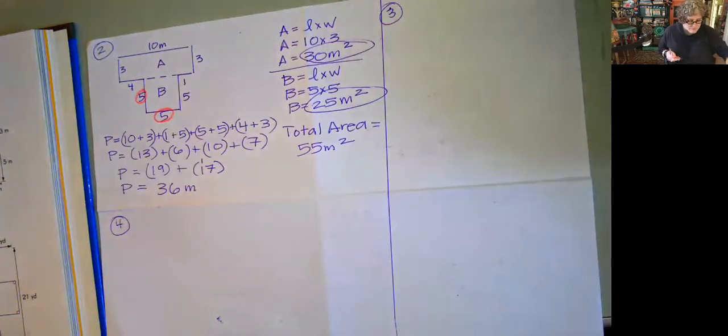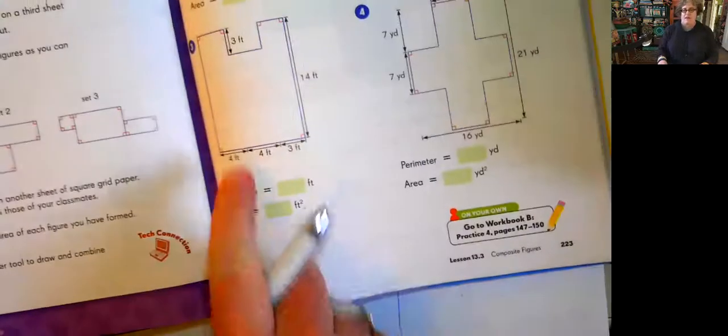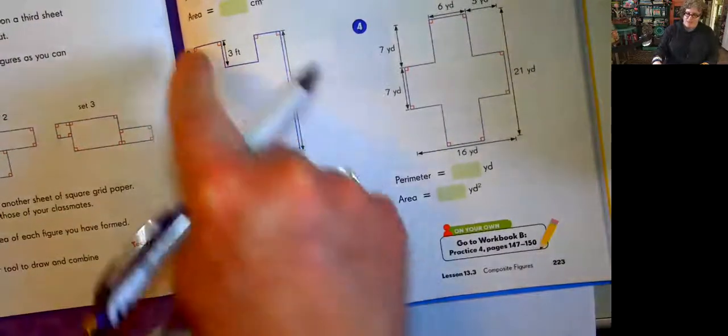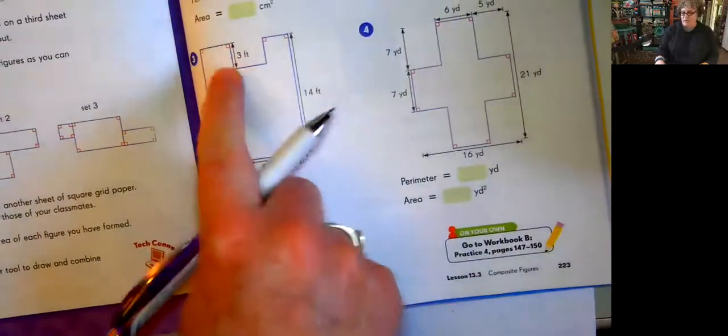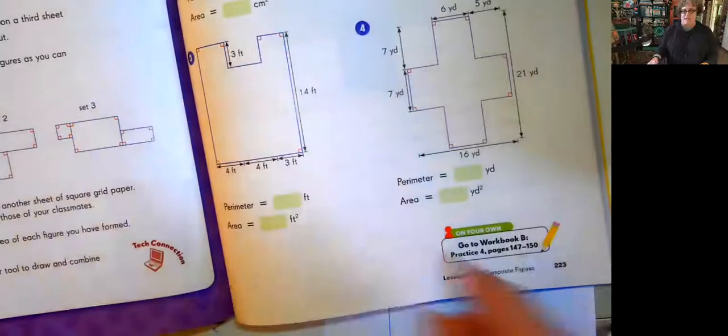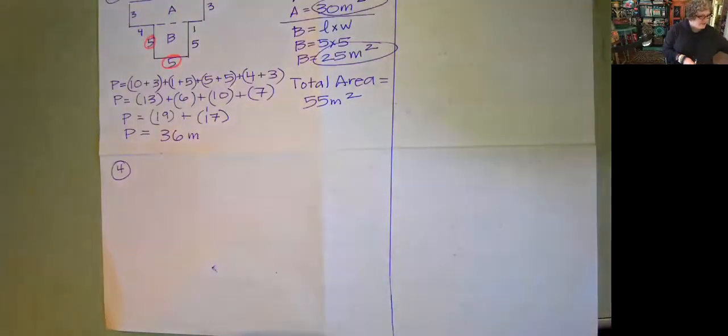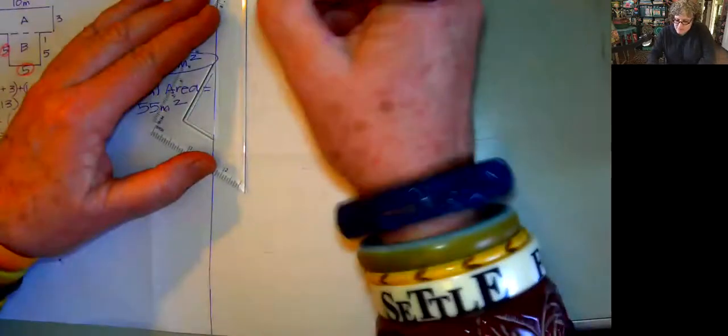Okay. Here comes number 3. This is what it looks like. It looks like a big, huge rectangle with a little chunk, a little chomp out of it, like it's been attacked by a square shark. So I'm going to go ahead and draw the big, huge rectangle.